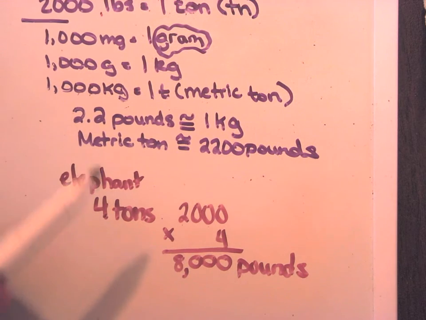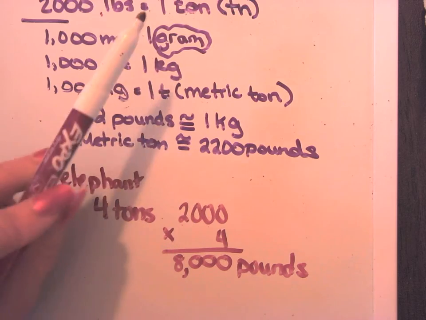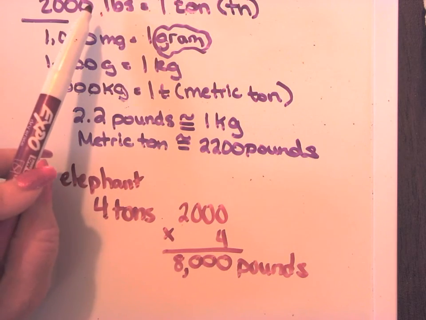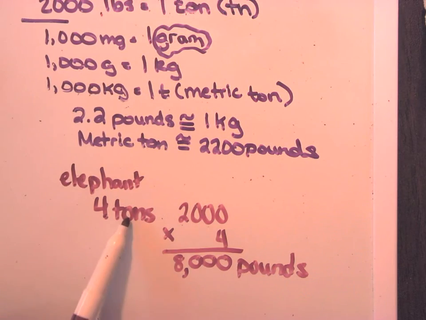Okay, so we have, again, to think about that, if I have 1 ton equals 2,000 of these, then I have 4 of them. I have 4 groups of 2,000. So 2,000 times 4, or 2, 4, 6, 8, 8,000. Okay, so when we look at that one, we just multiply it by 2,000.